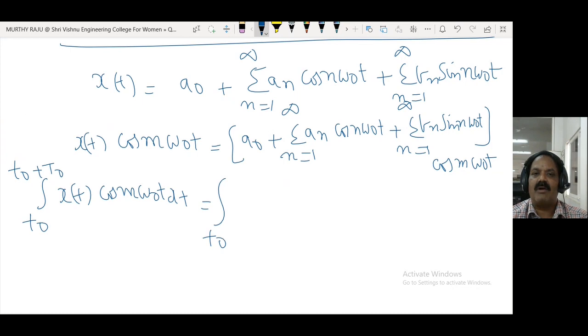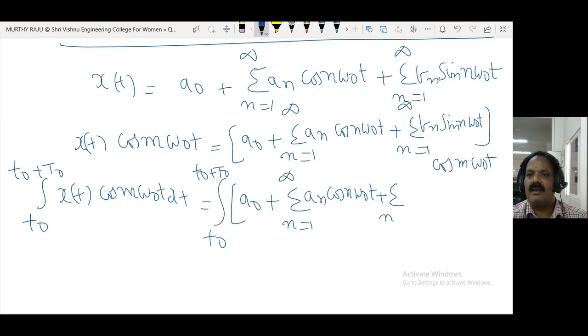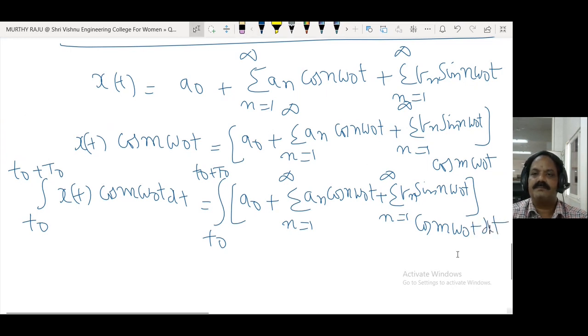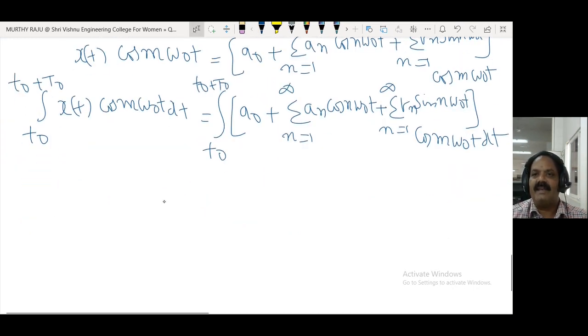The integral over the period of a naught plus the sum of an cos n omega naught t plus the sum of bn sin n omega naught t, times cos m omega naught t. Expand this one.